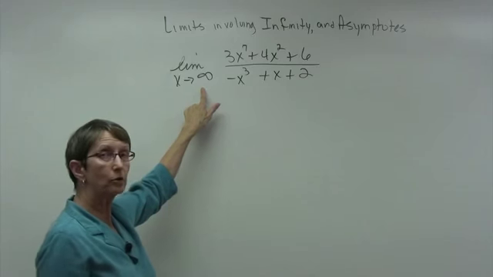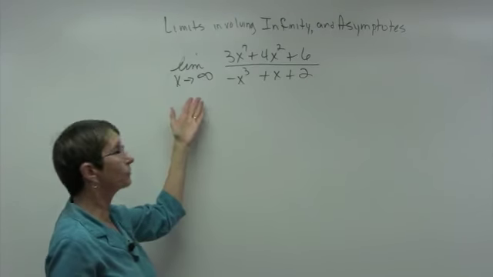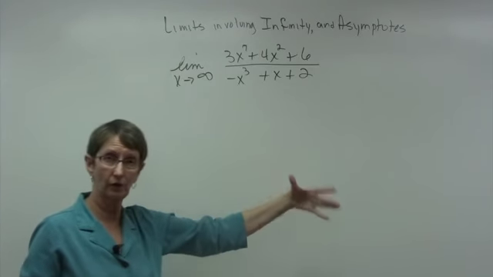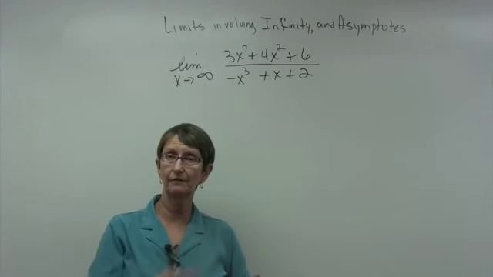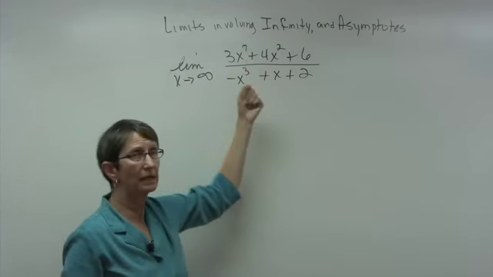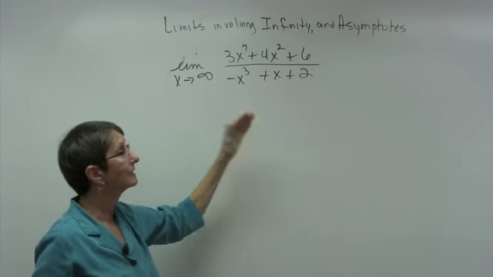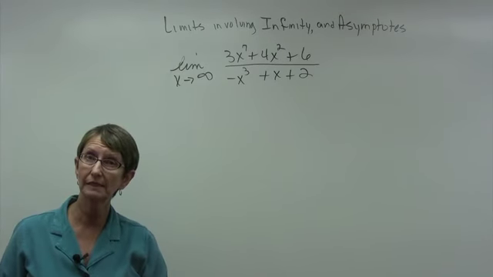Well, if x is approaching infinity, we'd have to pick large numbers. We would have to let x equal 100 or 500 or 1,000, getting very large. Or you might start off with 50, 75, 100, just to see if that gives you some information. But with something like this, trying to plug it into a calculator or anything that gives you numbers, that can be really messy. So there is actually a better way to do this.